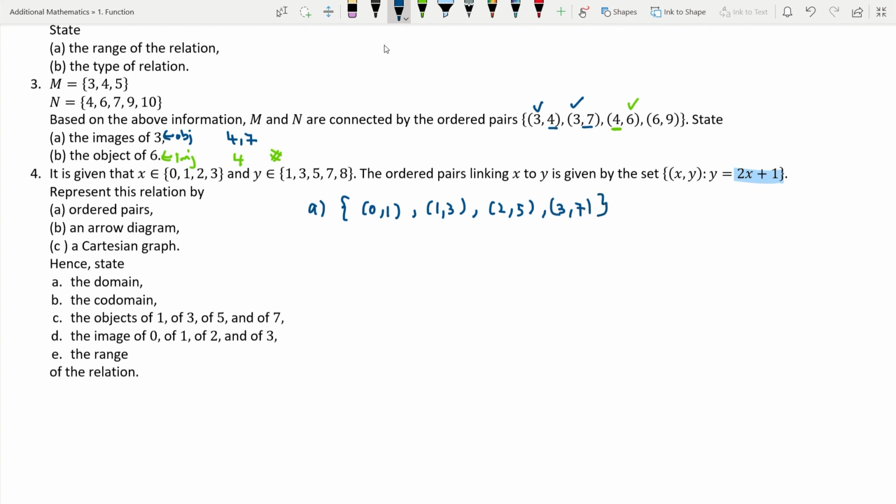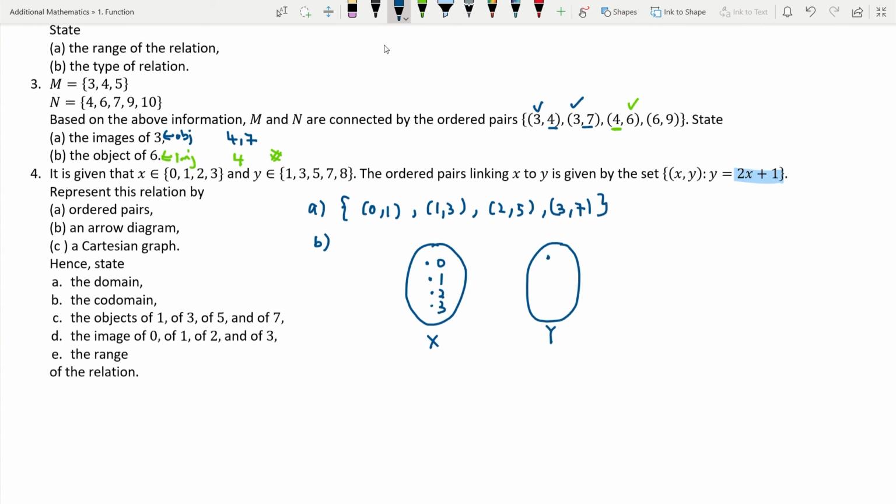Okay, so that's it. An arrow diagram. So let's draw two sets, set x, set y. For x, we have the elements 0, 1, 2, and 3.